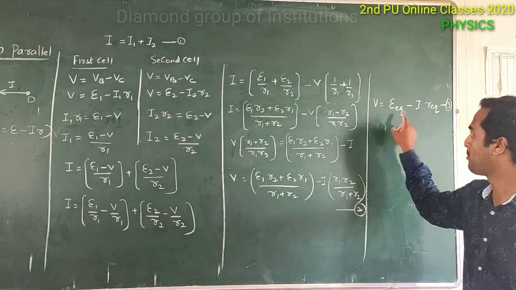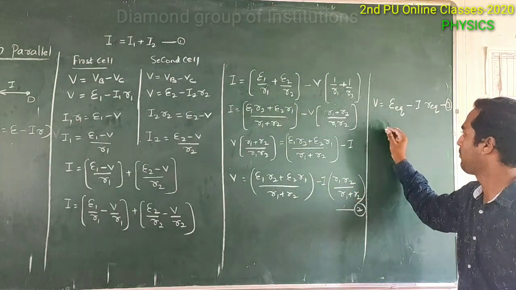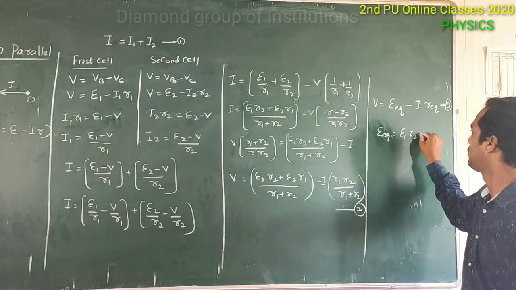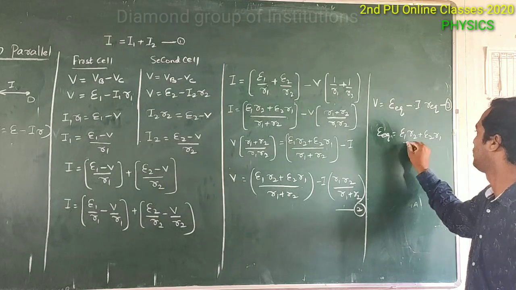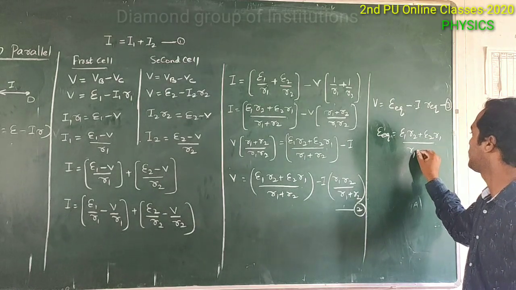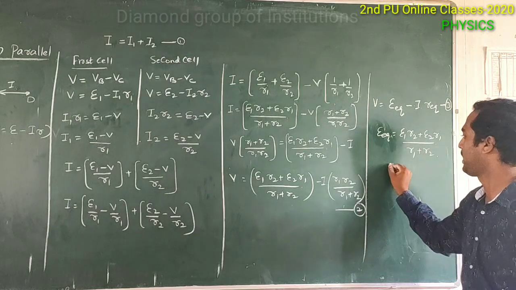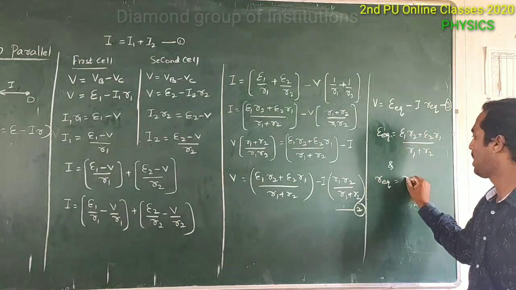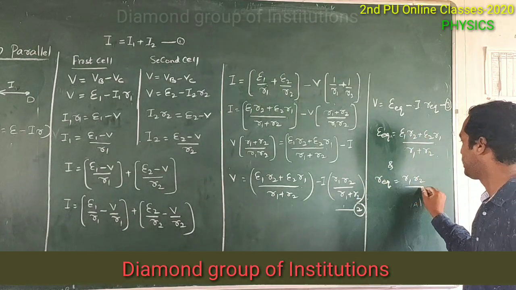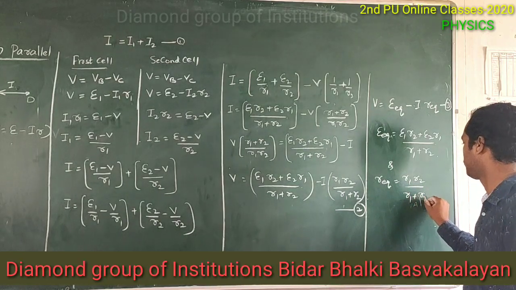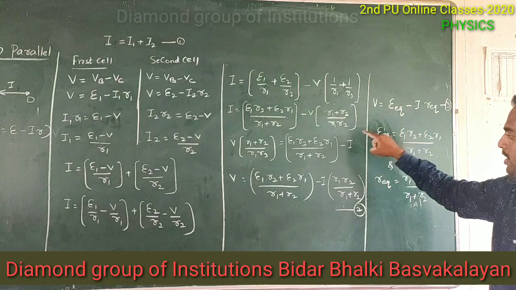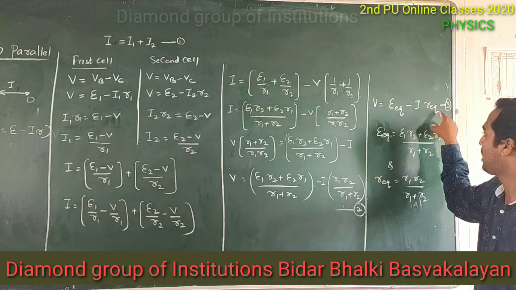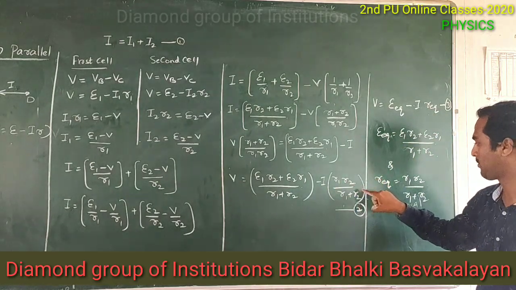So here, if you compare these two equations, E equivalence becomes (E1 R2 plus E2 R1) by (R1 plus R2), and R equivalence becomes R1 into R2 divided by R1 plus R2.